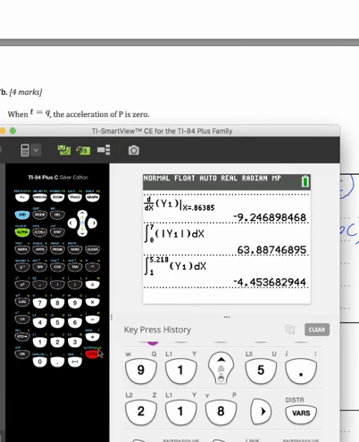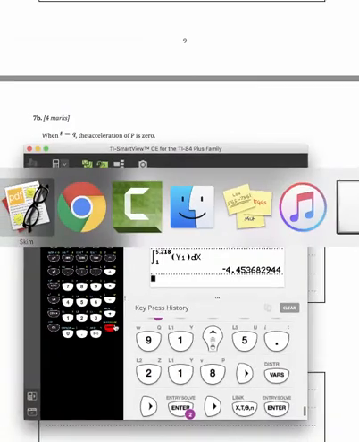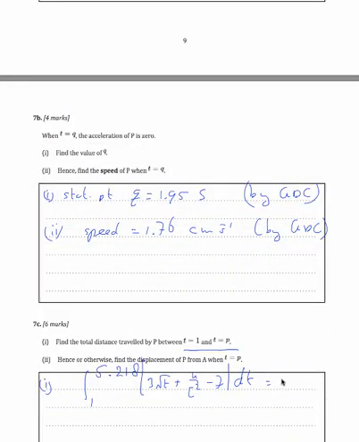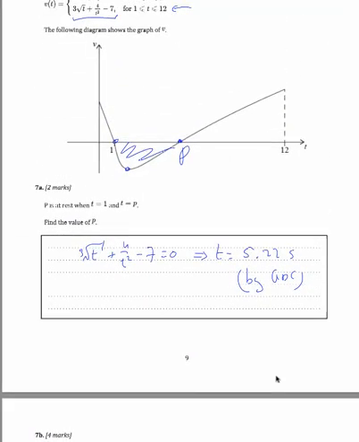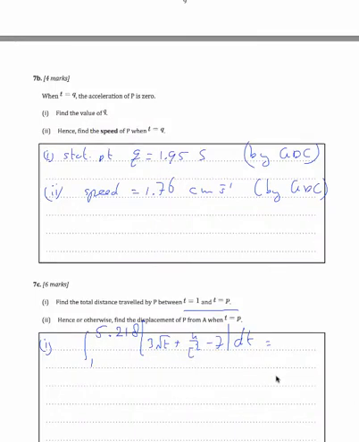Distance doesn't care about that, so I must take the absolute value. I know it's all below, so I know I'm going to get no cancellations. So this is 4.45 centimeters, I believe.